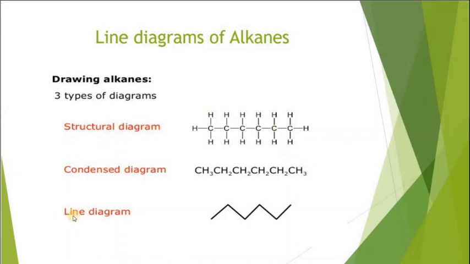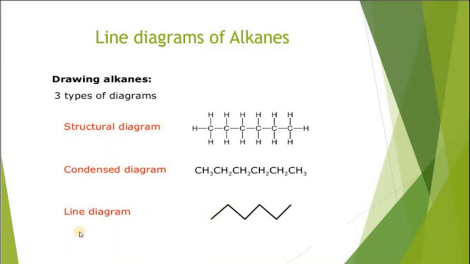There is another form which is called the line diagram. This is the most modern one and it is being followed these days as well. It will save a lot of your time and a lot of space as well. A line diagram is usually drawn in the form of lines. There are various crests and troughs, and these zigzag lines will show you the structure of the compound.